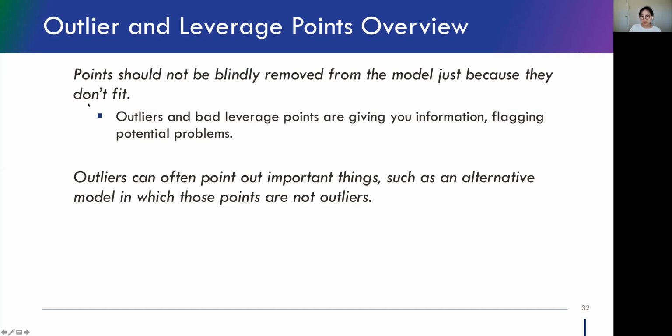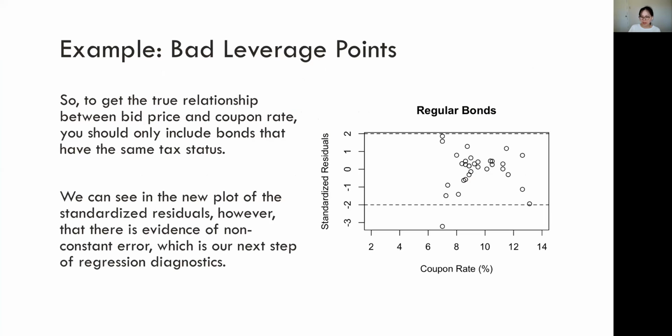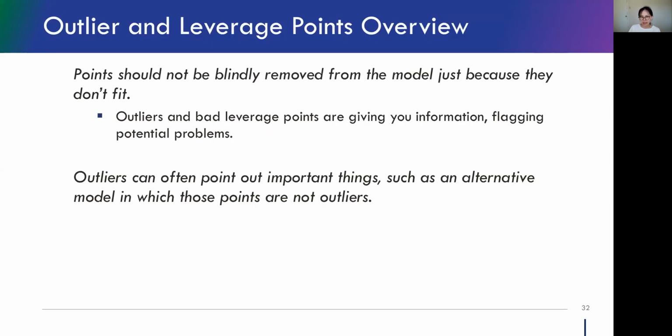Points should not be blindly removed from the model just because they do not fit. In this example that we saw, I explained why we removed them and refit the model, but it's not the case that in all cases you should just remove the data blindly. That's not right.